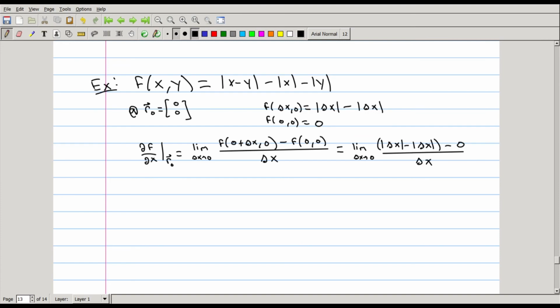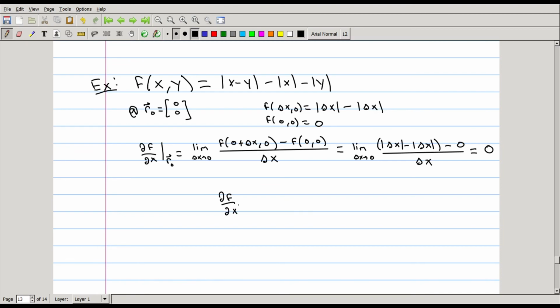This expression will always be 0 because delta x minus itself is always 0, so this limit is just 0. And you can very easily go through and show the same thing for df dy as well.